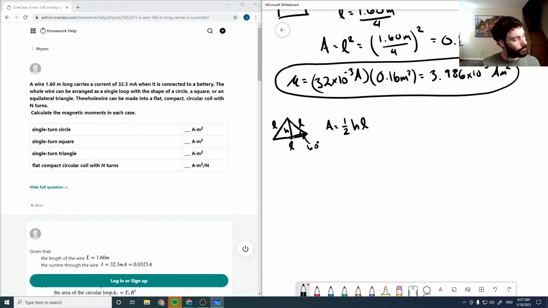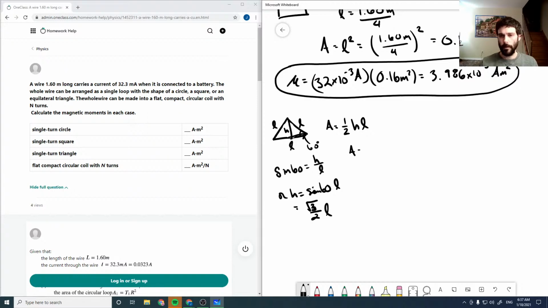So the sine of 60 degrees is our height over our length, or our height is sine 60 times our length, which is square root of 3 over 2 times our length.